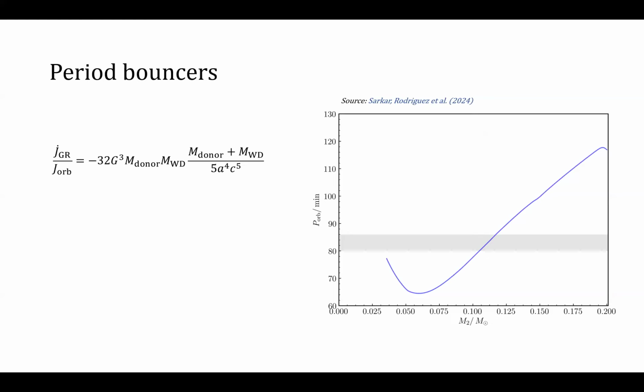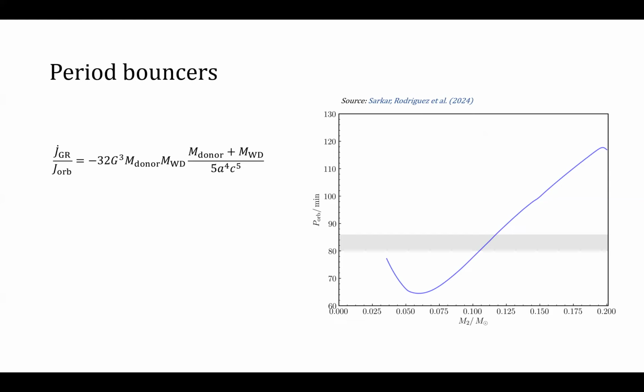So M donor is decreasing, but M white dwarf is not increasing because whatever accretes onto the white dwarf is emitted in the form of nova eruptions. So the decrease in A is not strong enough. The decrease in M donor dominates over that. So the strength still decreases, and as a result, everything decreases. M dot also decreases. So, right?